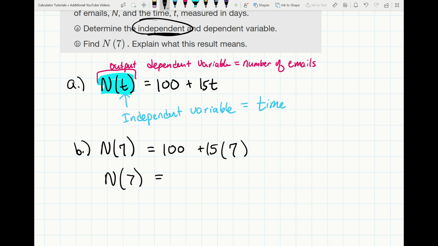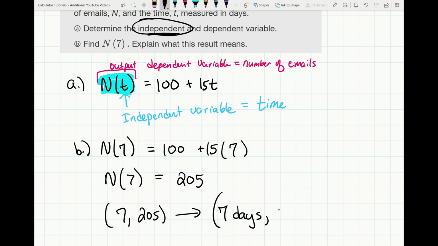So we have 100 plus 15 times 7, which is 205. So we have the ordered pair 7, 205, which we know is, after 7 days, Byron will have 205 unread emails. And that is what functions do for us. So I'll see you in the next video.